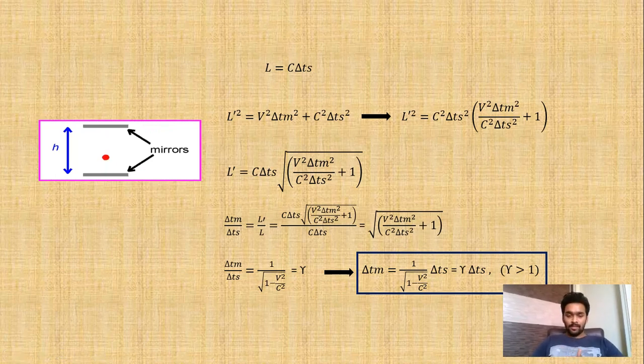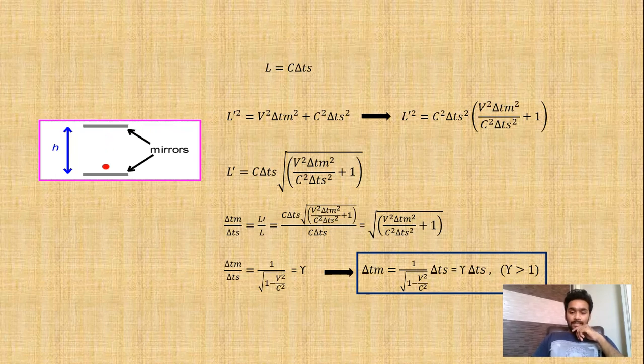And in the special theory of relativity, we call this factor gamma. And if you see, delta Tm is gamma times delta Ts, and this factor is always greater than 1 because v is always less than c. Any object in this universe cannot travel with a speed greater than c. I will tell you in the upcoming videos why it's so.